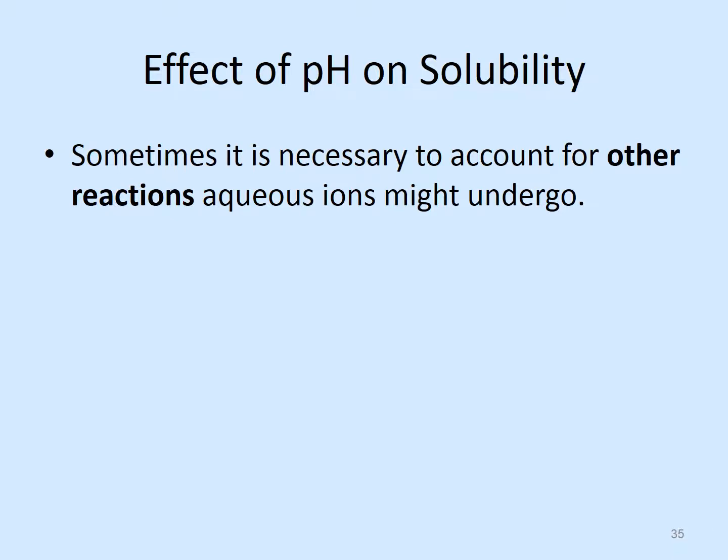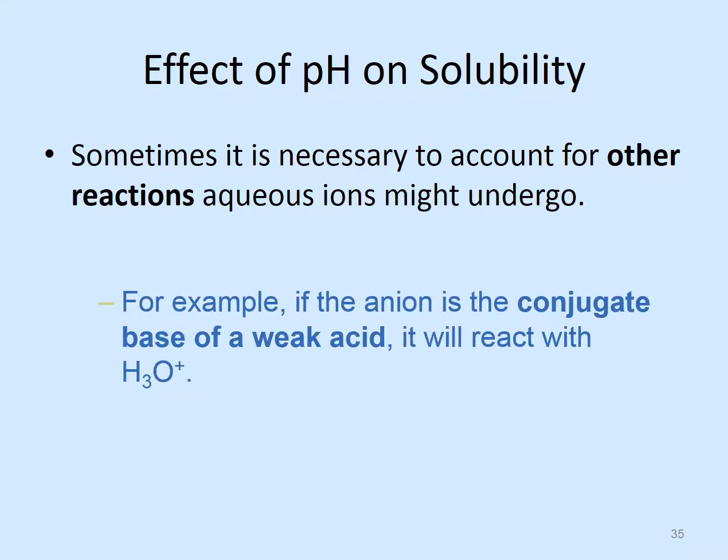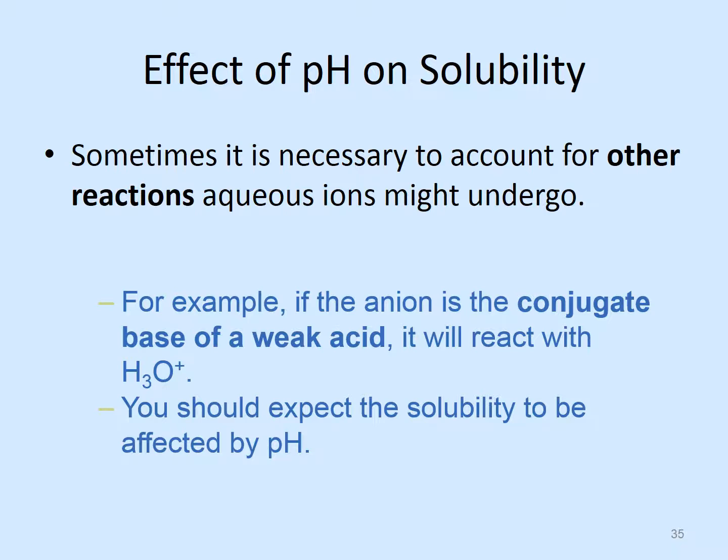Okay, so sometimes we have to look at other reactions that might affect a solubility reaction. For example, we know that if we have a weak acid, the conjugate base will be somewhat basic. It will react with acids or with water in an acid-base reaction. So if the salt happens to have the conjugate of a weak acid, then it will be affected by acids or bases, and we would expect the pH would definitely affect the solubility of that particular salt.